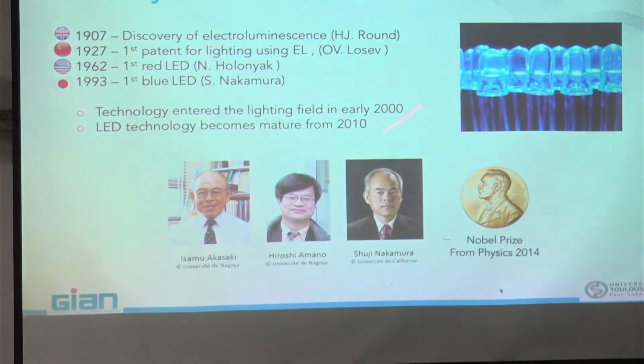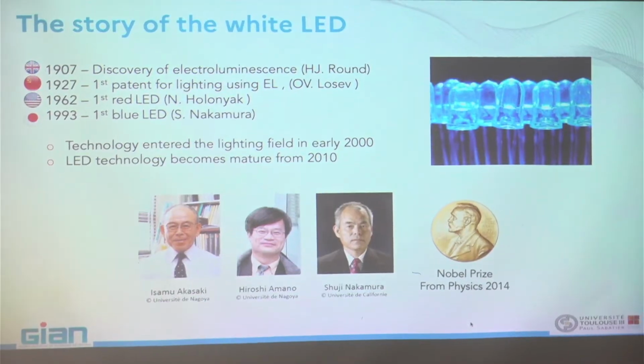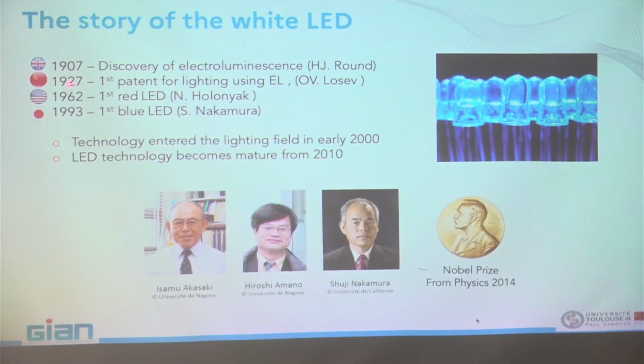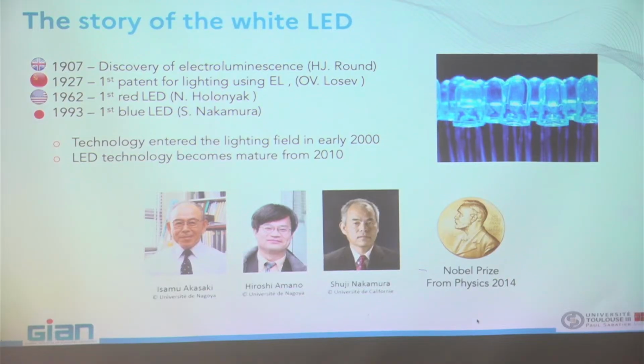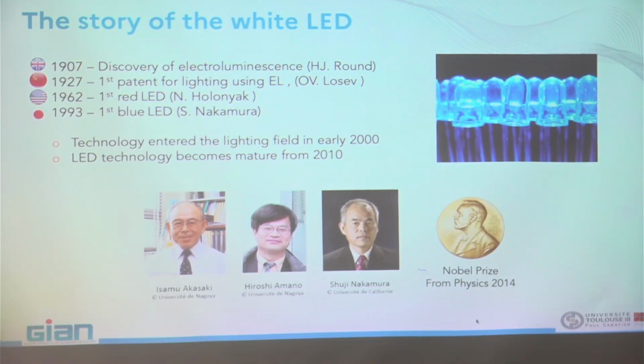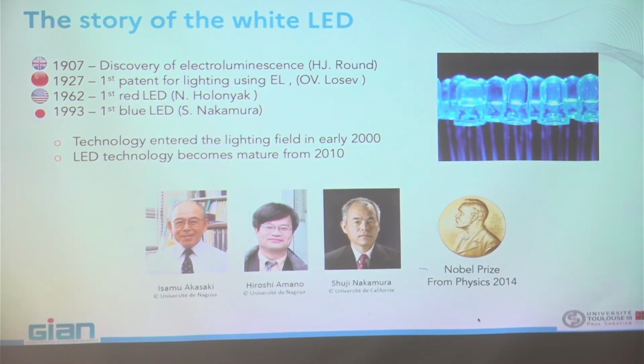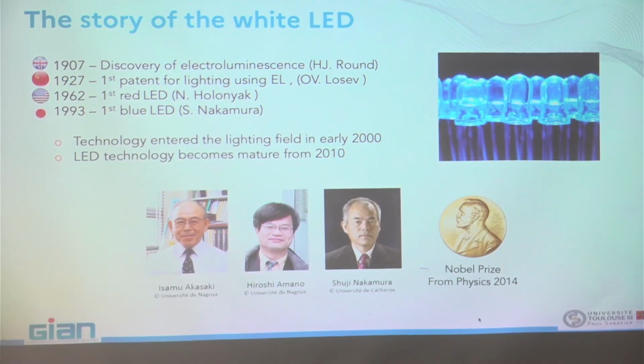Well, however, some interesting story here. 1907, discovery of electroluminescence. Twenty years later, in 1927, we have a first patent, Soviet or Russian, I don't know what it was at that moment, submitted by a radio electrician, Oleg Losev, who said for the first time that we can use that no-name phenomenon, because it was not named at that moment, to produce white light and light up buildings.